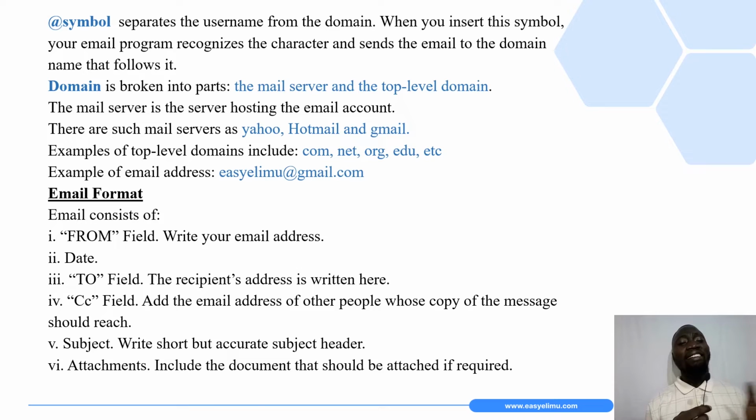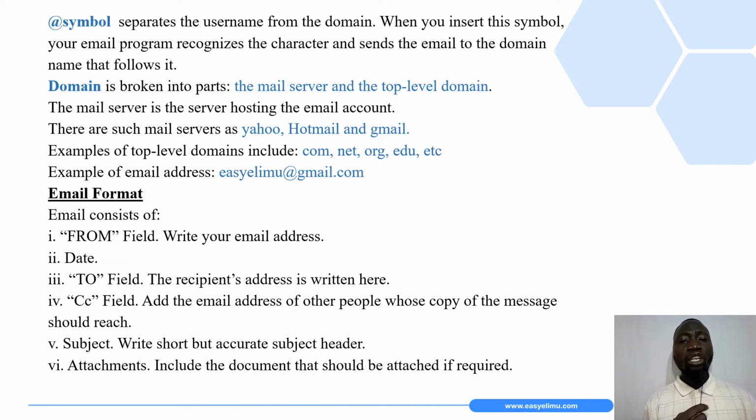The mail server is the server hosting the email account that you are using. So we have email servers such as Yahoo, we have Hotmail, and we have the most commonly used one, that is Gmail.